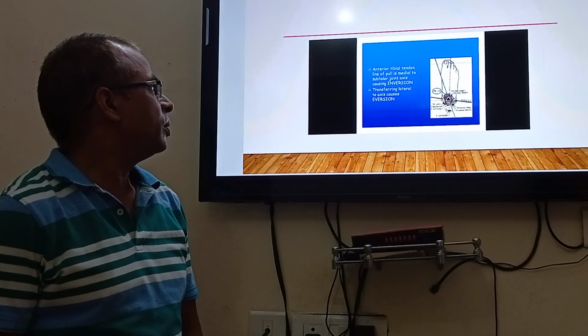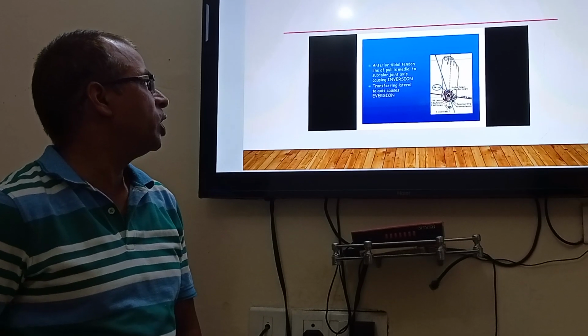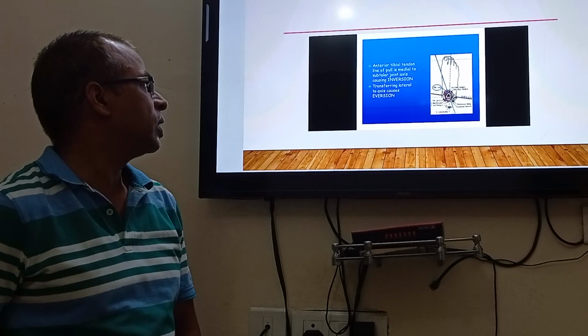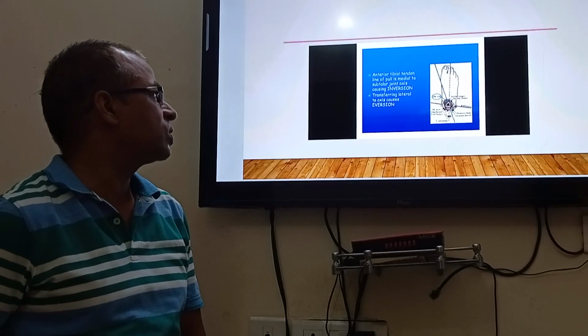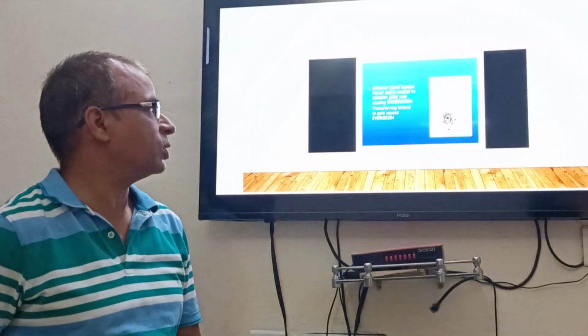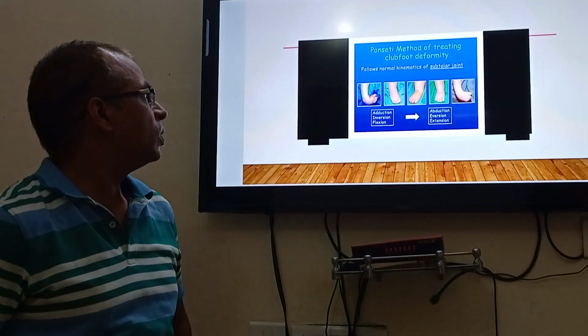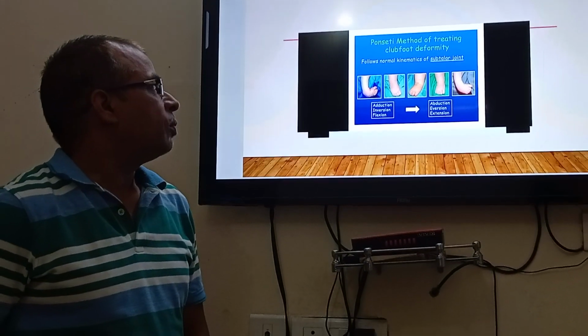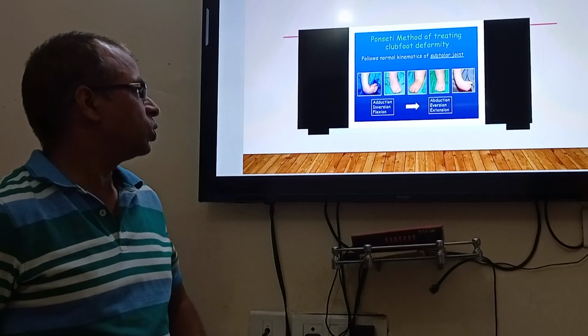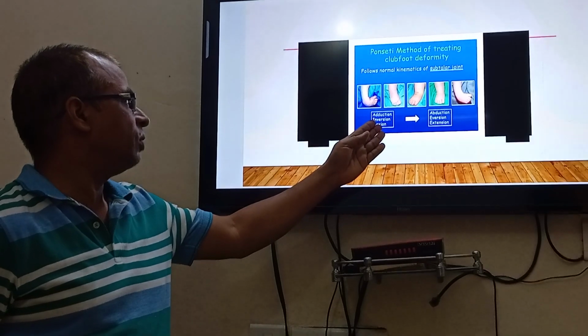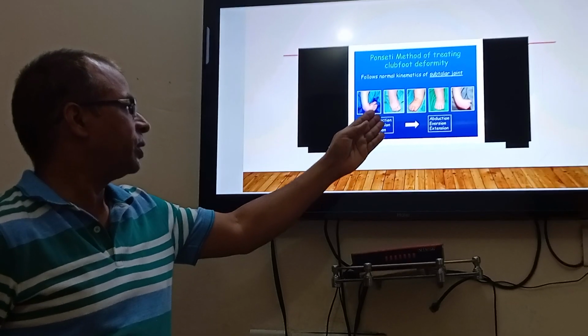If the anterior tibial tendon line of pull is medial to the subtalar joint axis, it causes inversion; if it is lateral to the axis, it causes eversion. The Ponseti method of treating clubfoot deformity follows the normal kinematics of the subtalar joint. So there is adduction, inversion, and flexion. These are the deformities.